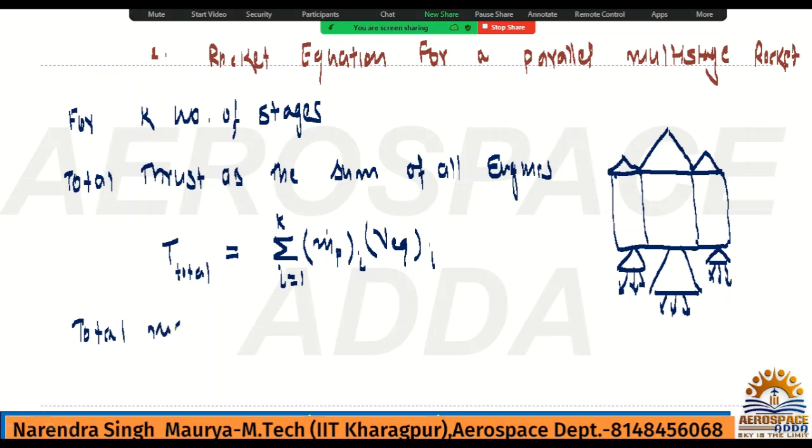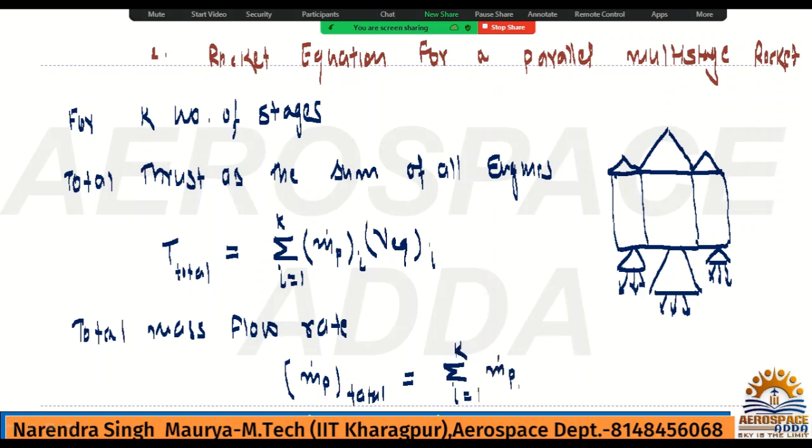All right, what will be the total mass flow rate? So obviously the total mass flow rate m dot p total will be the summation, i is equal to 1 to k, of m dot p i.